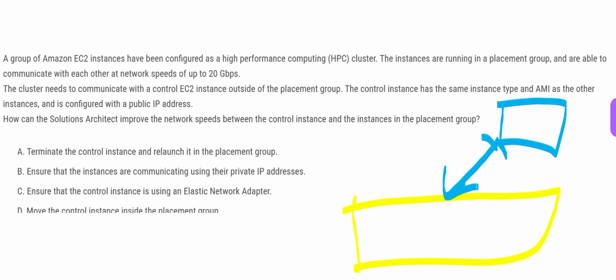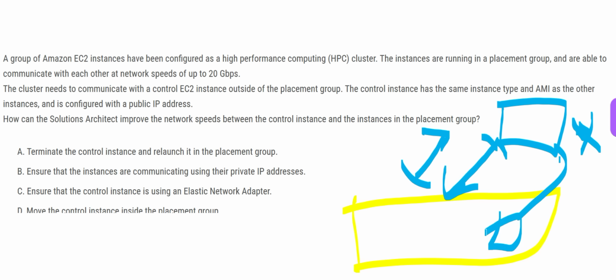So now A is telling that this cannot work because this distance here is too big. So let us terminate this guy here and bring this guy inside so that it can talk to other EC2 instances as these will be in the same placement group. So will this work? If we are just talking about improving network speed, this should work.